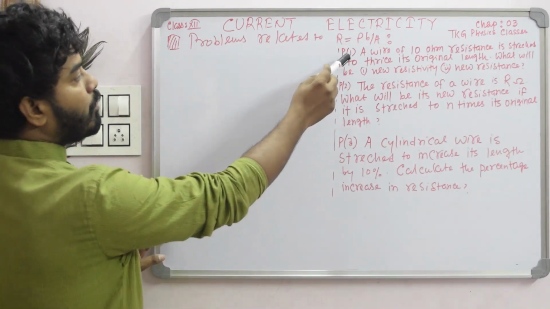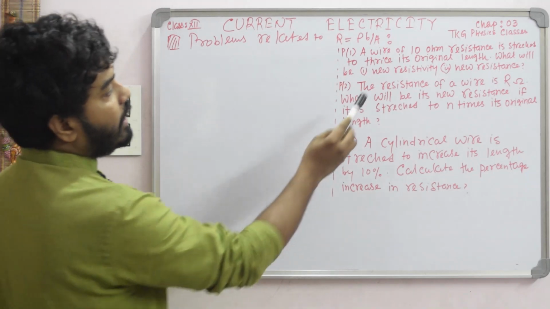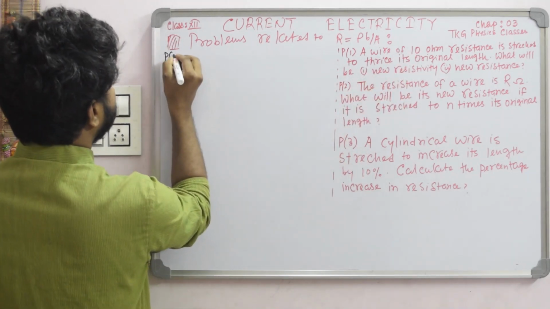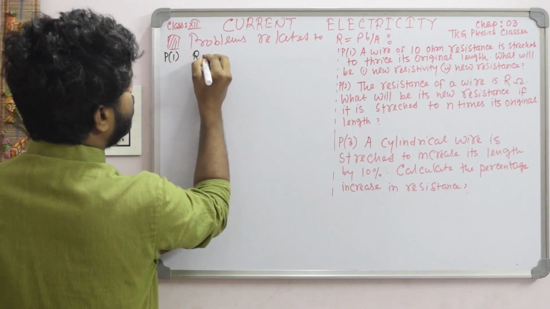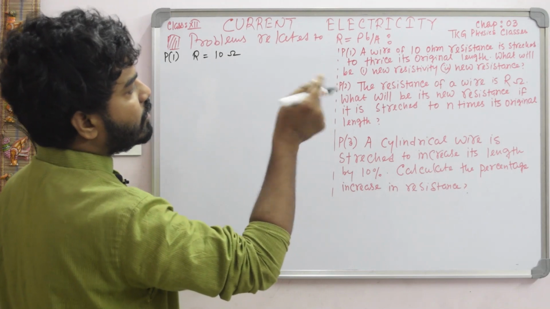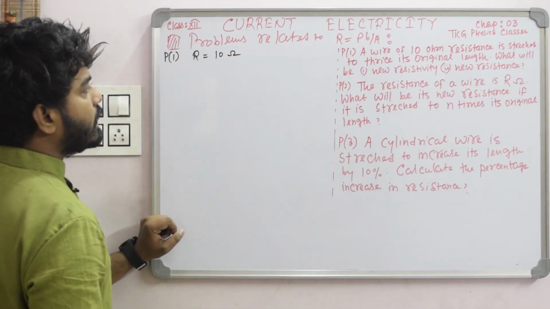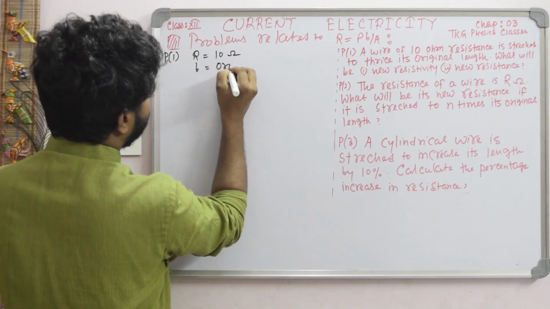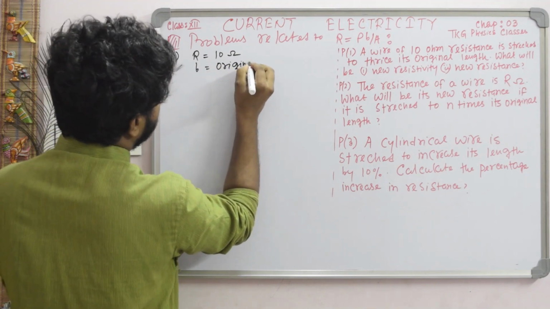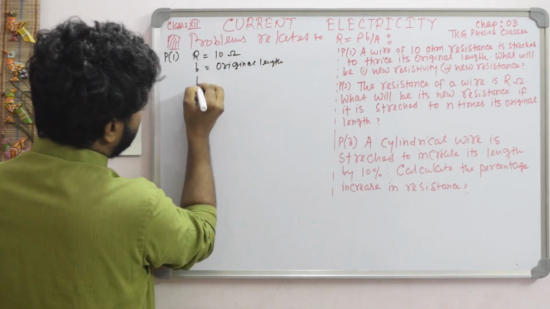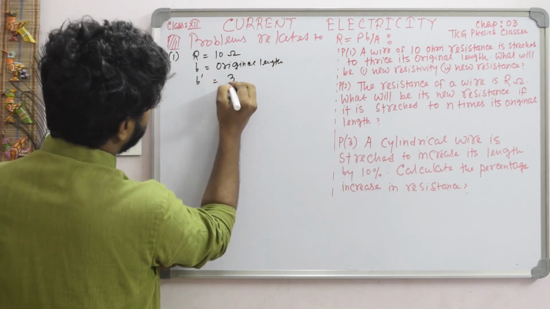Just check problem 1. Write it down first. Problem 1: a wire of 10 ohm resistance, R given 10 ohm, is stretched to thrice its original length. Suppose its original length is L. Now the final length becomes 3 times the original length.